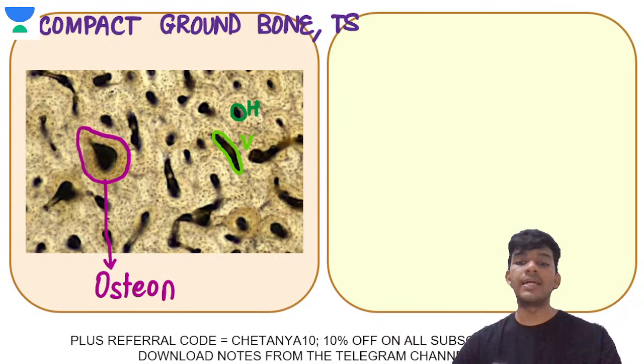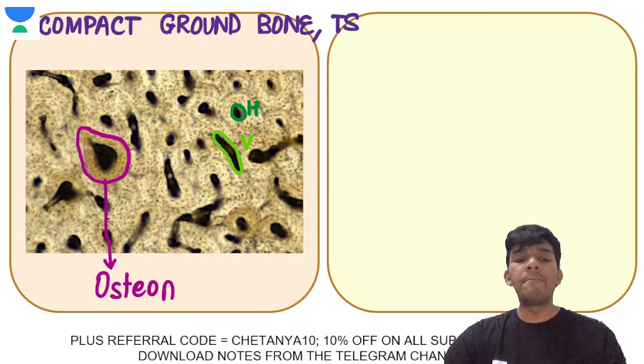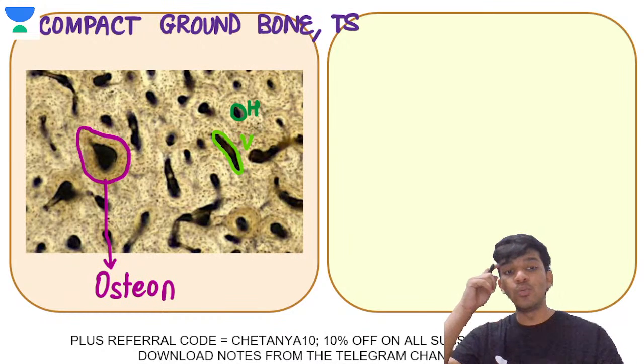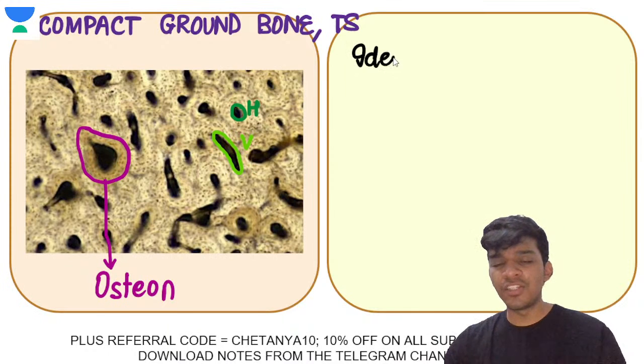You should know this for a compact bone. So Haversian canal, Volkmann canal, you should be able to clearly identify. You should also be able to identify osteon. Okay, so I will tell you, in compact bone, there are cylindrical units. In a mature compact bone, let's write the identification features here.